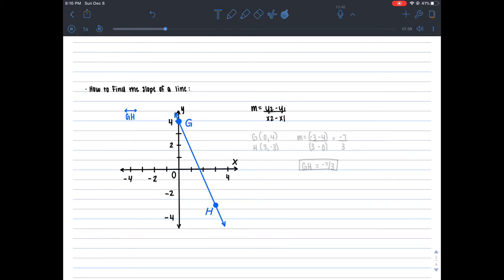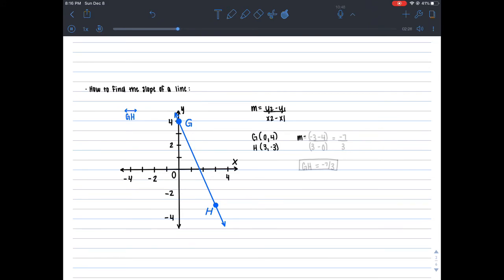Now, we need to figure out where point G and H are on our graph. Point G is sitting at (0, 4), and point H is sitting at (3, negative 3). So now that we have our points, we're going to plug them into our slope formula.